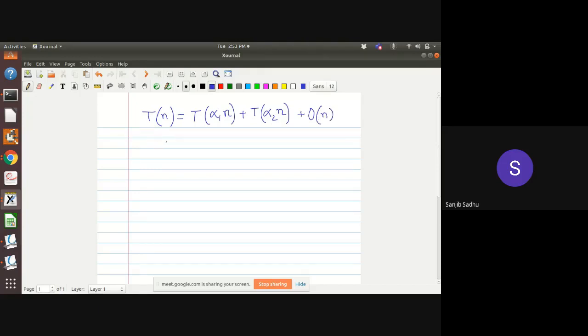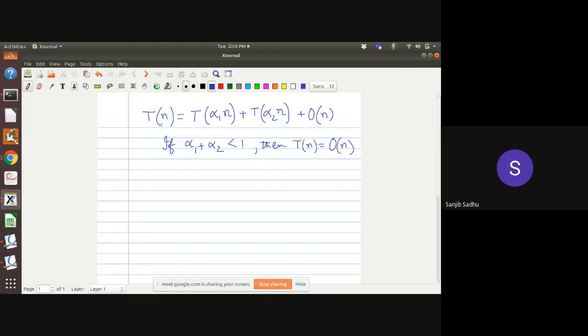Here you will see, if alpha 1 plus alpha 2 is less than 1, then please remember T(n) will be linear.